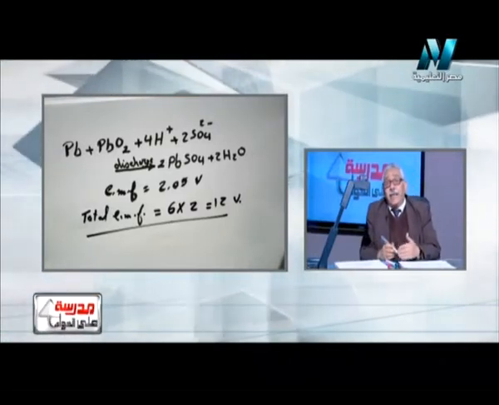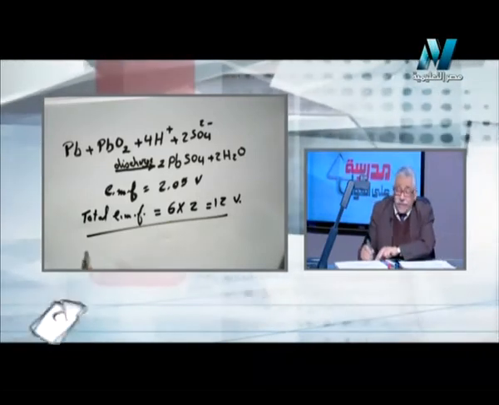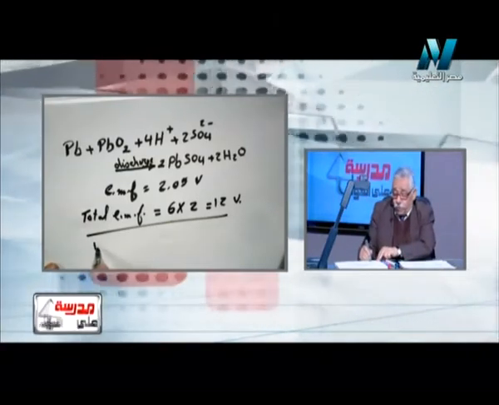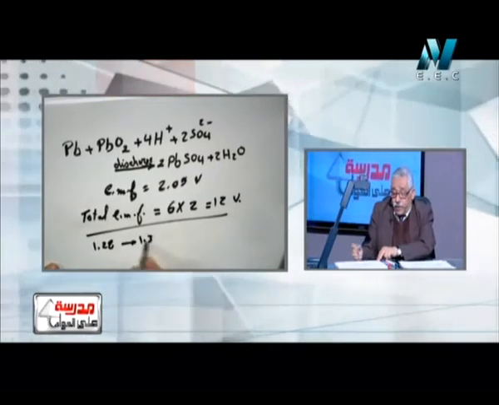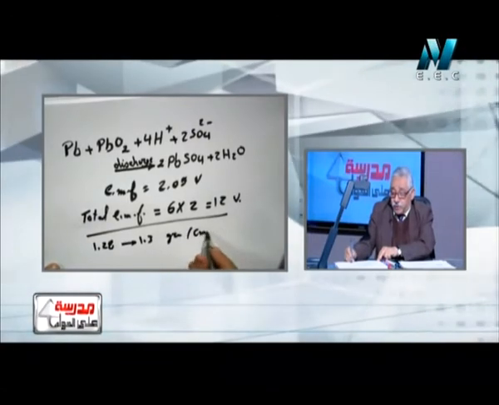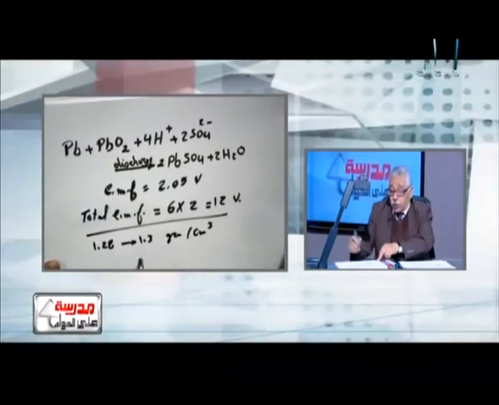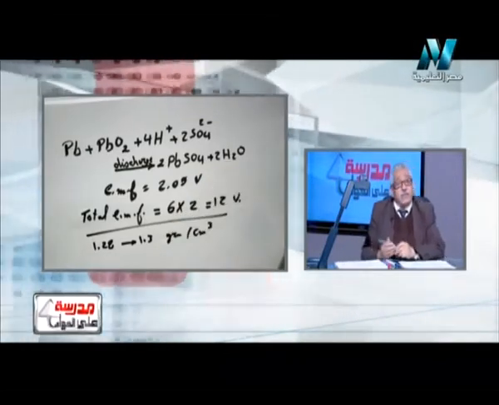This battery can be recharged. When? The density of the acid will be from 1.28 up to 1.3 gram per cubic centimeter. According to the increase of water from this equation, the density of the acid decreases.